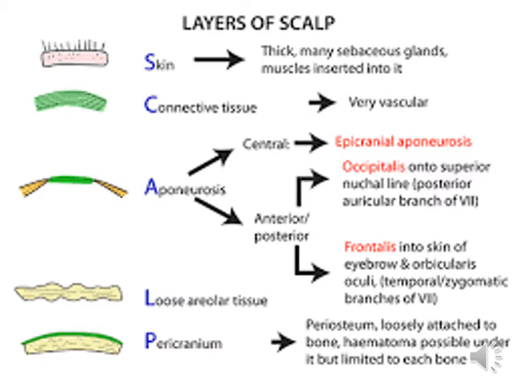The frontalis attaches into the skin of the eyebrow and orbicularis oculi, supplied by the temporal and zygomatic branches of the facial nerve. The fourth layer is loose areolar tissue, a connective tissue of the loose areolar type. The last one, the pericranium, is a periosteum, loosely attached to bone, and it is limited to each bone.